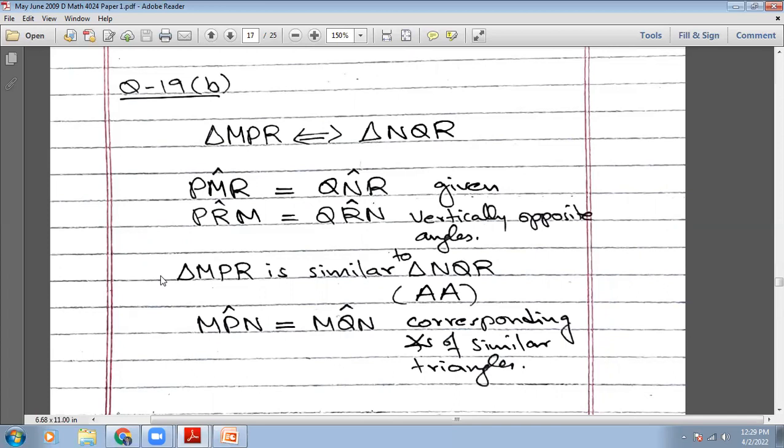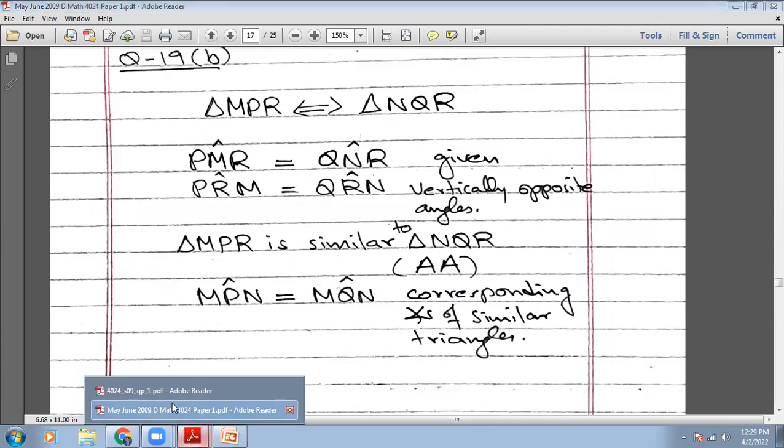So it means that the triangle MPR is similar to the triangle NQR, by the angle similarity test. And from there, because both the triangles are similar, their third angles will also be the same. So the angle MPN will be equal to the angle MQN. These are the corresponding angles of similar triangles.